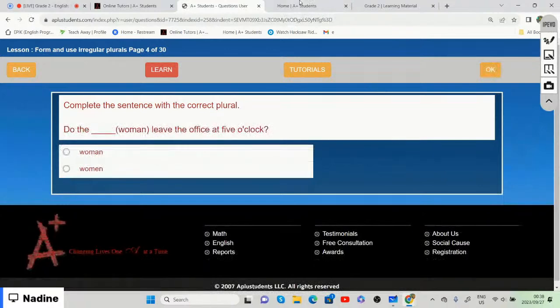Do the women leave the office at 4 o'clock? Woman, is it the first one, which is woman, or is it the women?